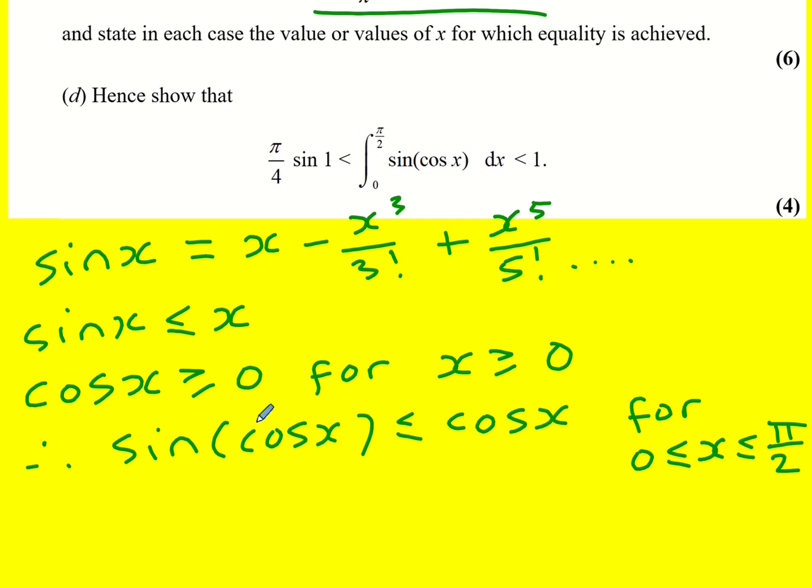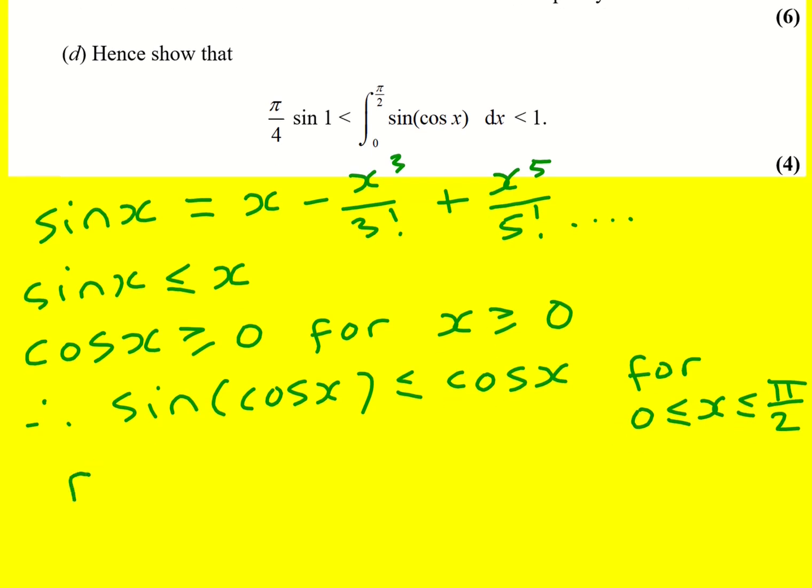And when is it equal? Well, like I said, it was equal when this x bit is equal to 0, so it's equal when cos x is equal to 0. So equal when x is equal to pi over 2.